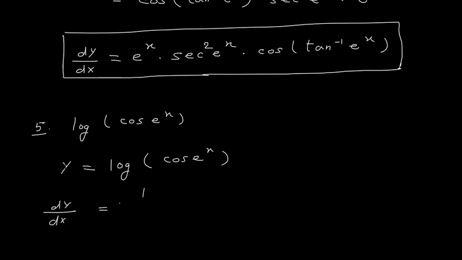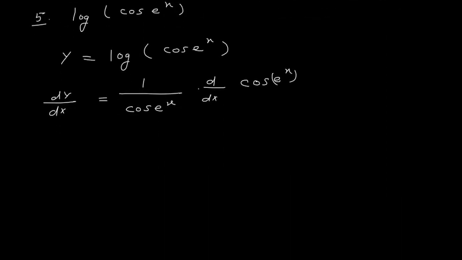So here I will get 1 upon cos of e power x into d by dx of cos of e power x. So this is equal to 1 upon cos of e power x into derivative of cos, which is minus sine. So it is minus sine e power x, and derivative of e power x is e power x.